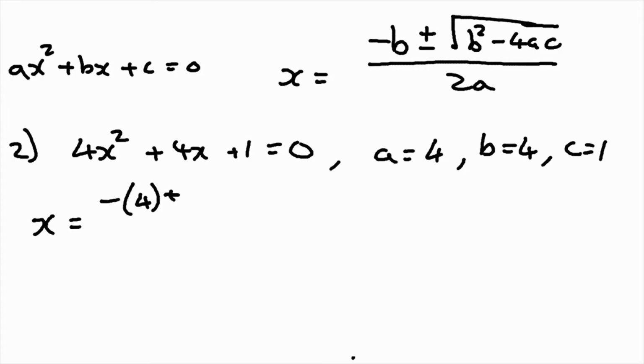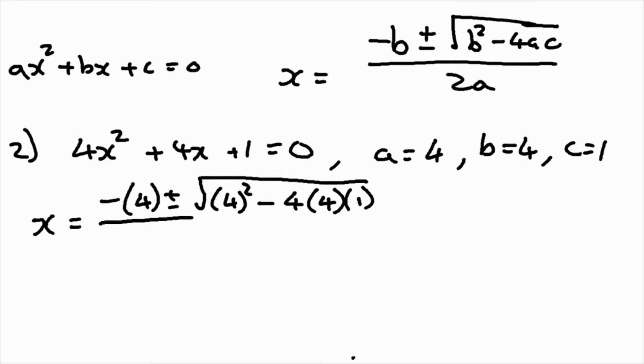Minus 4 plus or minus the square root, 4 squared, minus 4 times 4 times 1, all over 2 lots of 4. Now before we put it in the calculator, let's just look at one thing quickly.